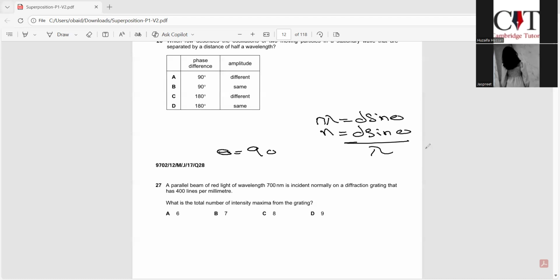We know the formula for d is 1 over N. What is the meaning of capital N? 400. Yes, 400, but you have to convert it. So dividing by exponent minus 3 would then come above, so it would be 400 into exponent 3.